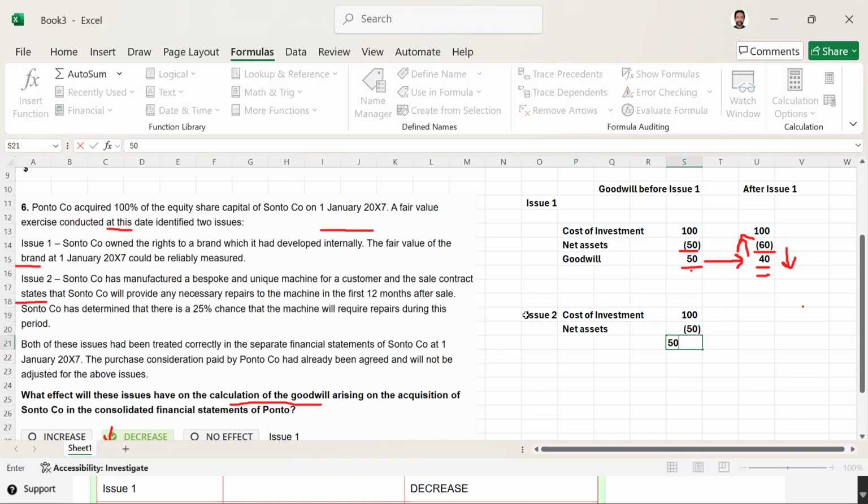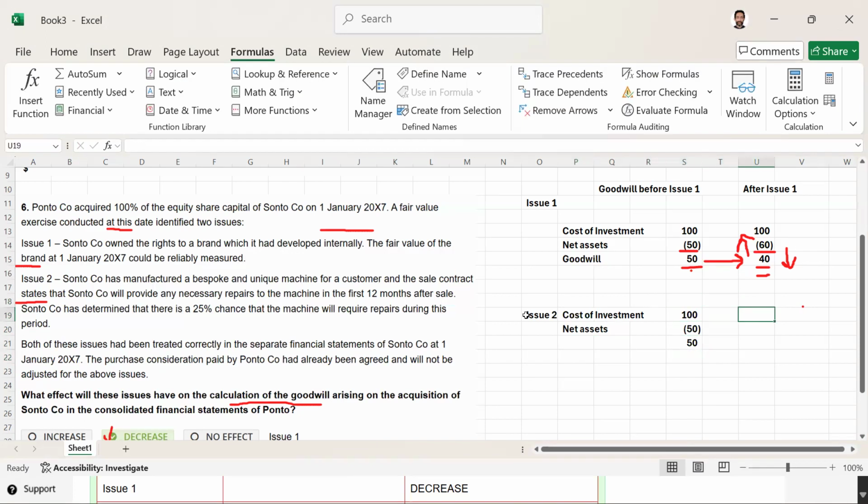So I will follow my same example. But now with issue 2, the cost of investment remains the same. But due to the liability, the value of the net assets has become lower, because this time we have a liability. When the liabilities increase, the net assets decrease, and the goodwill increases.